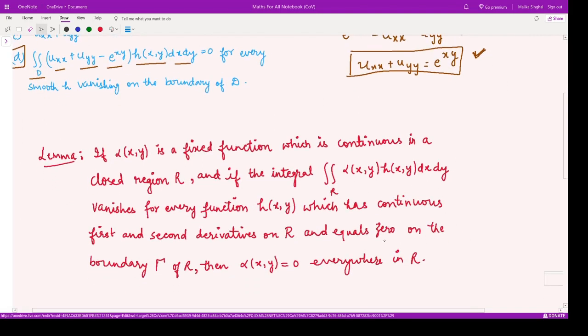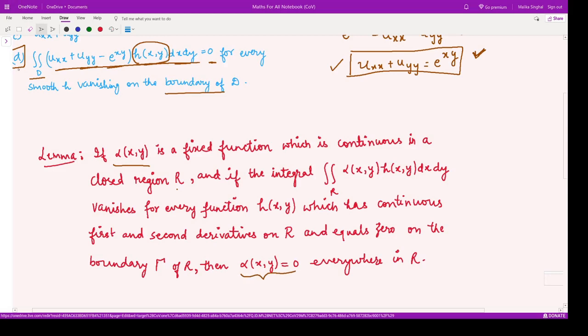The lemma says that if you have some fixed function alpha(x,y) which is continuous in the closed region R, so in our case this is this, and if the integral vanishes for every function h, so in our question this integral vanishes for every h which has continuous first and second derivatives on R and equals 0 on the boundary, then alpha is 0 everywhere, right?